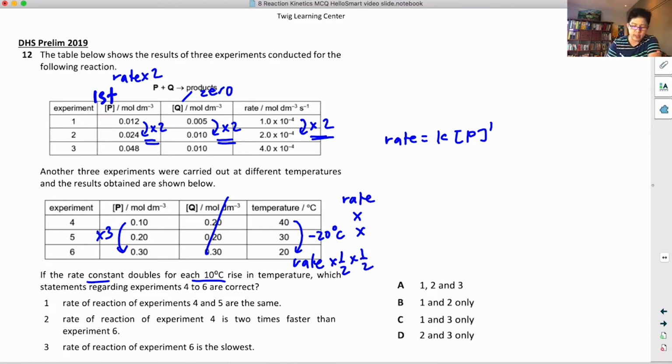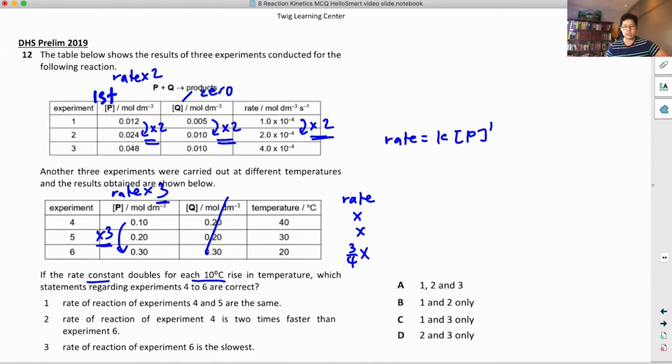So the overall rate relative to experiment 4 is 1/4, and the rate times 3, because first order. So 1/4 times 3 is 3/4, which means this is supposed to be 3/4 x.